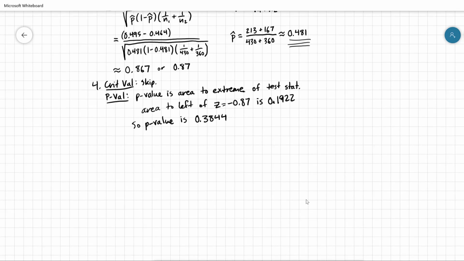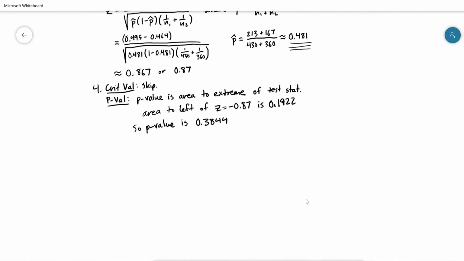So the p-value is now the combined area of both of those tails, and we can now decide if our result is weird. And is our result weird? No. Our result is not weird.